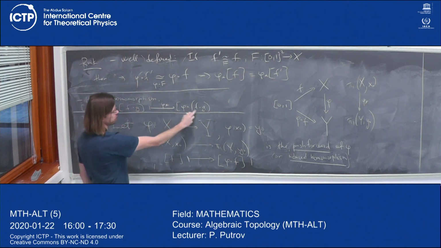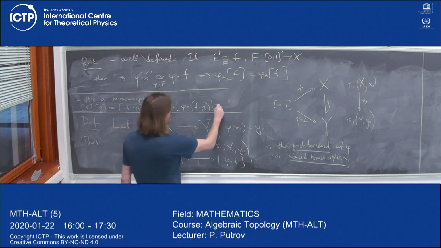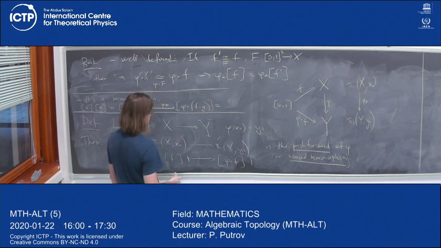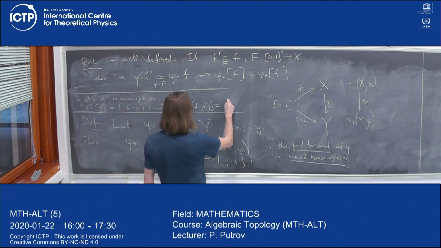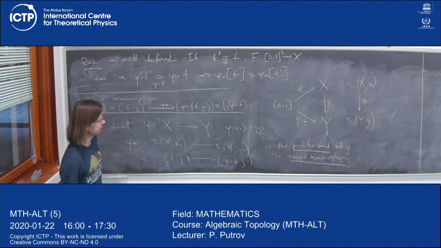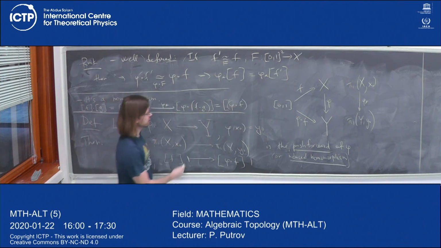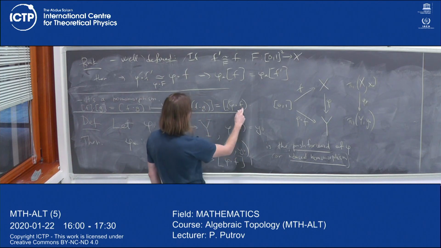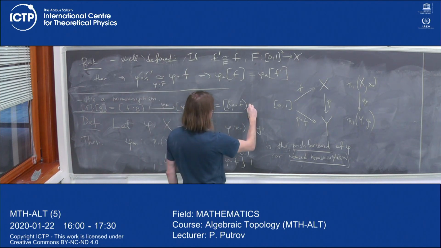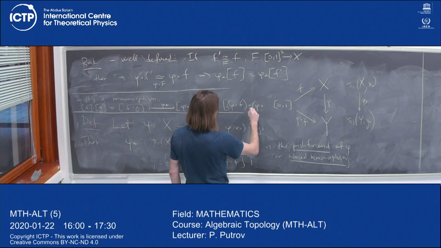So this is a composition of functions, and this is a composition of paths. But of course, this directly follows from the definition of the composition of paths. This is the same as the composition of f composed with phi, and the path obtained by composition of g with phi.